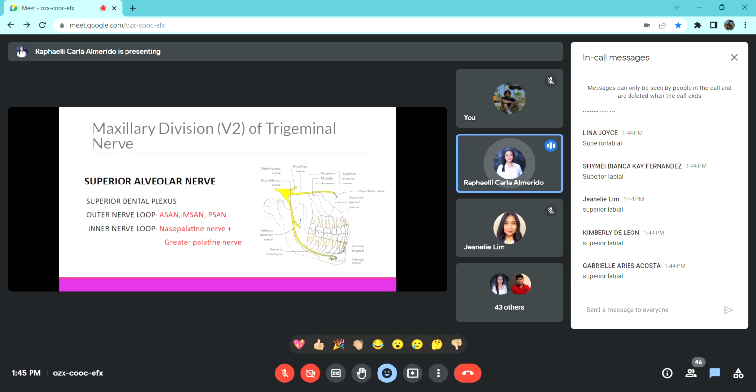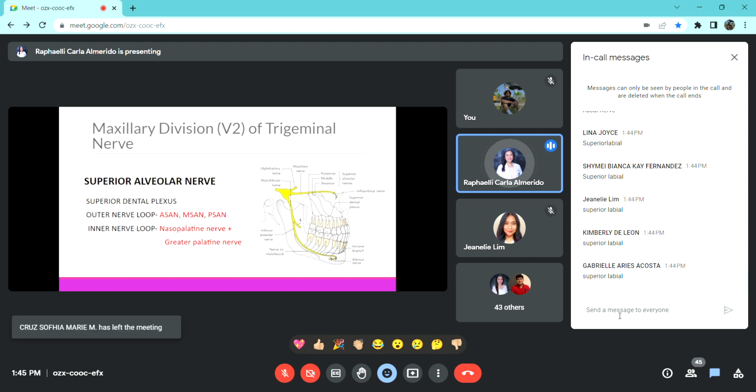For the outer nerve loop, it is formed by the three superior alveolar nerves, your PSAN, MSAN, and ASAN, after entering the apical foramina. Whereas the inner nerve loop is a collective term that we use for the nerves that supply the palatal alveolar mucosa, or your entire palate. So we have the nasopalatine nerve and your greater palatine nerve.